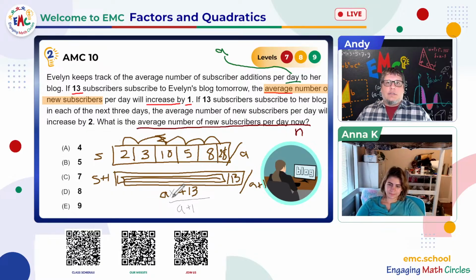So let's call the old average X. Then we have AX plus 13 over A plus 1 for the next day. And that's going to equal what?